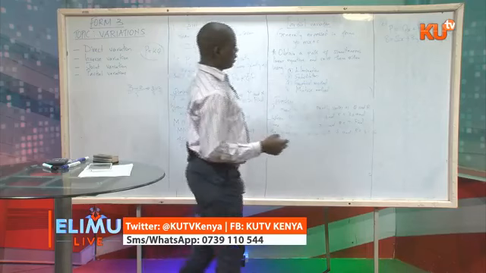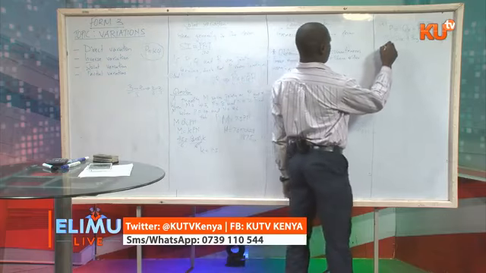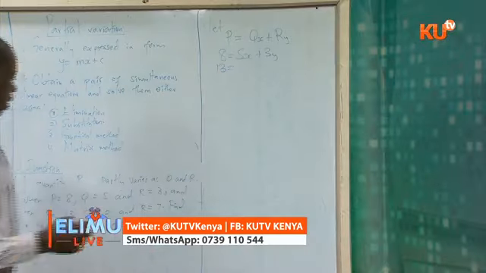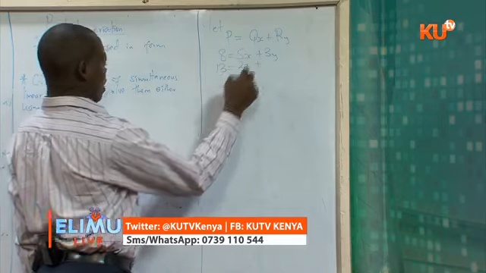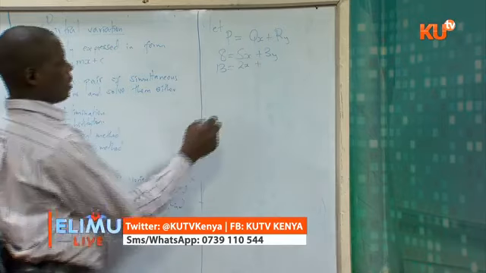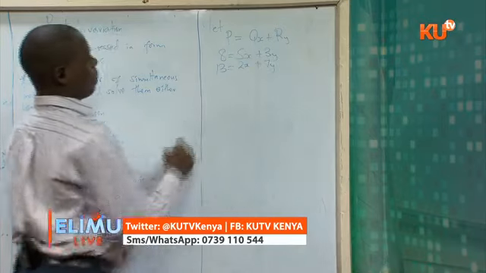And when P is 13, Q is 2 and R is 7, we have 13 equals 2X plus 7Y.